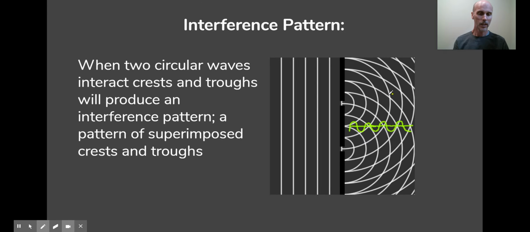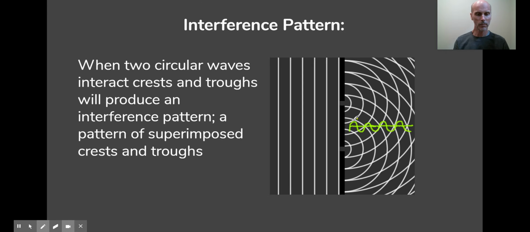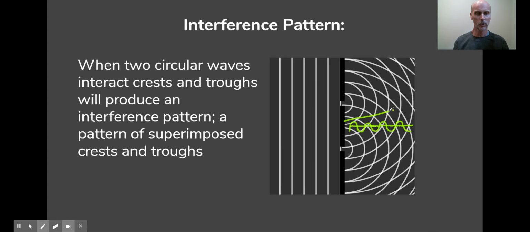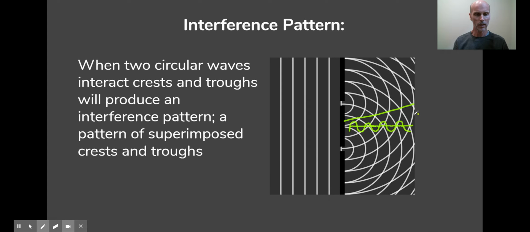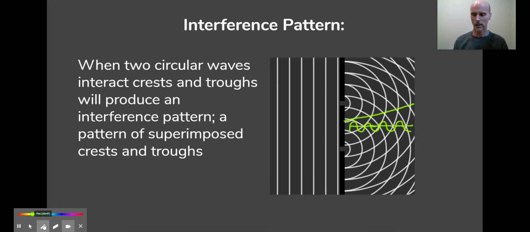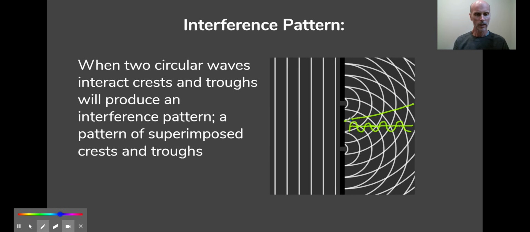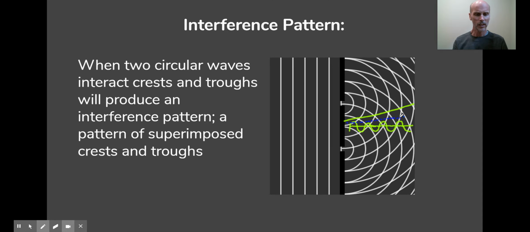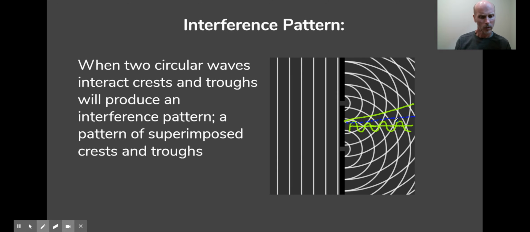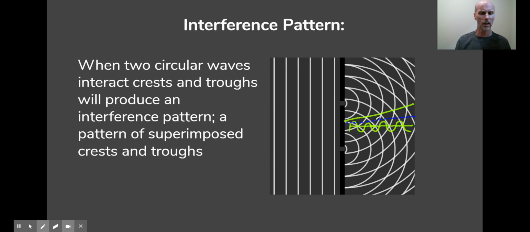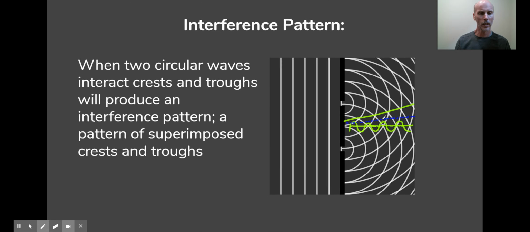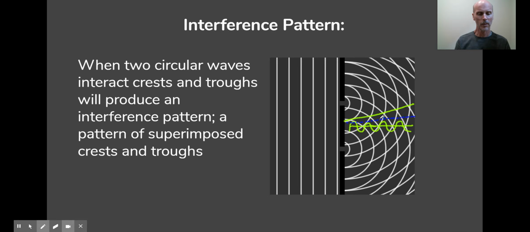Now, the interesting thing is, if you go in between, I'll just draw this one more time to highlight it. If you go in between these points, like this line that I'll draw in blue along here, if you follow along here, and take enough time to watch for it, you'll see that this is a line where no matter where you look, there is always a white line right on top of a trough.